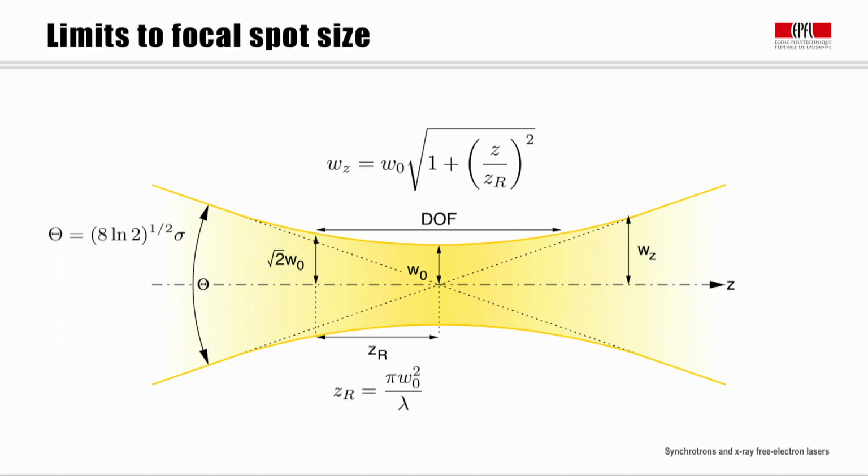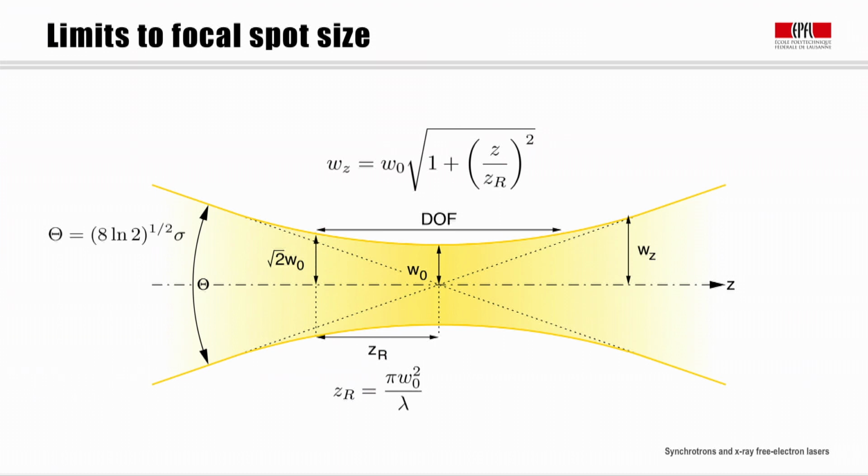The Rayleigh length ZR is the distance along the propagation direction z between this waist and where the beam's linear extent is larger by a factor of the square root of 2. In other words, where the beam cross-section increases by a factor of 2.